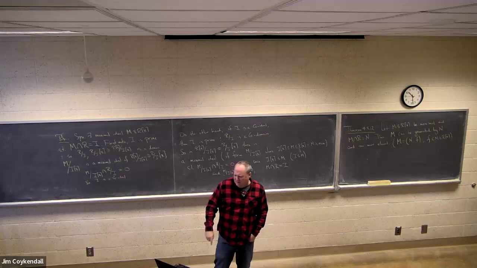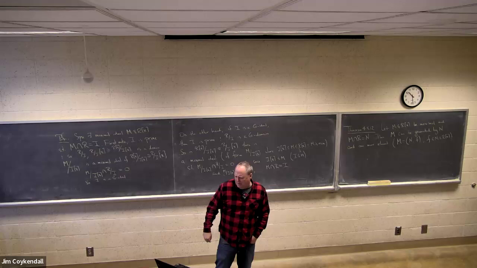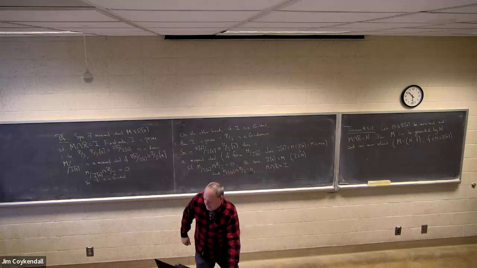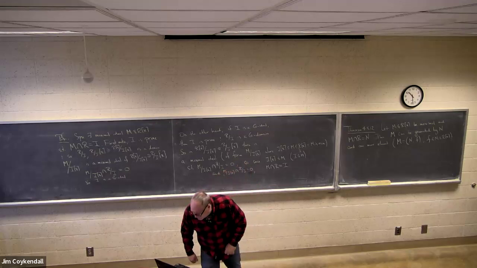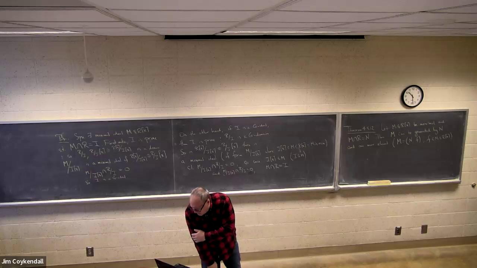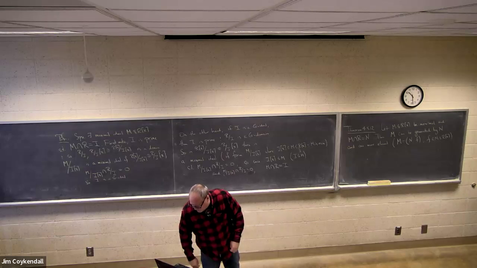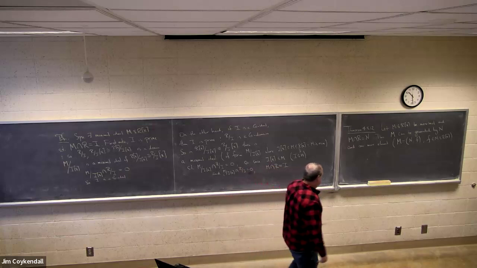And additionally, we can select F to be a monic polynomial, which maps mod N onto an irreducible polynomial.